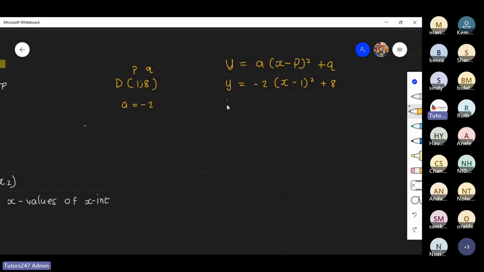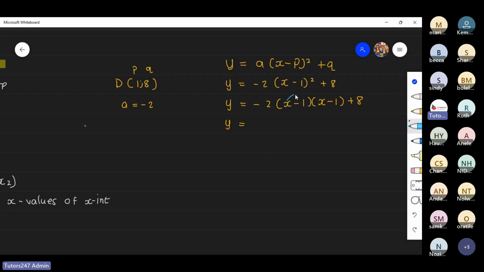Now, our next step, we are going to simplify. Because we have the squared outside of the bracket, it means that we need to write this twice. Okay, now from here, we're going to use our FOIL method to expand.